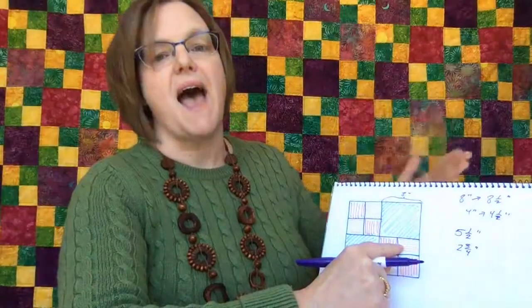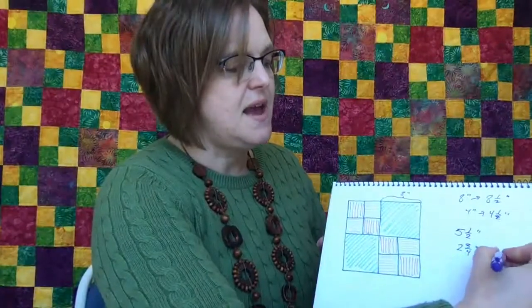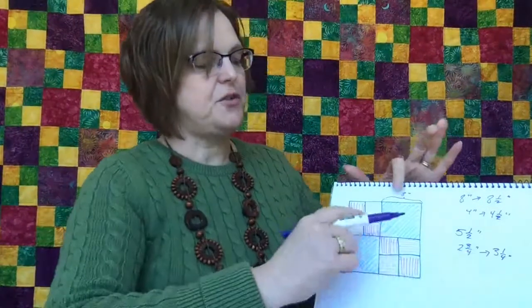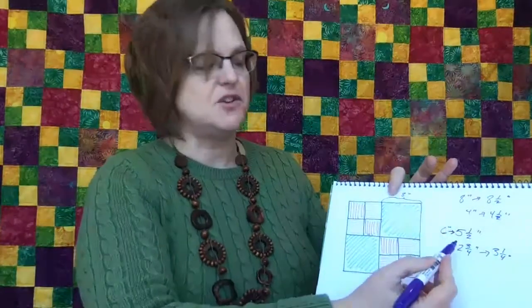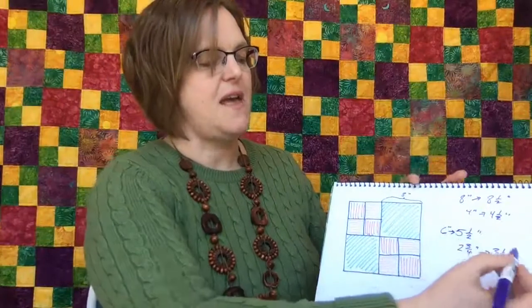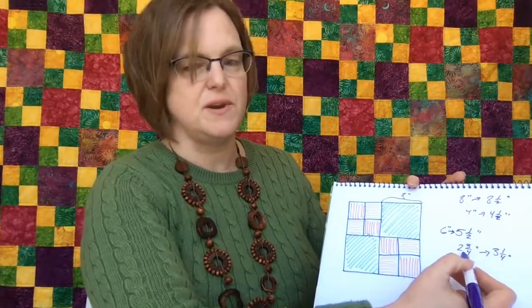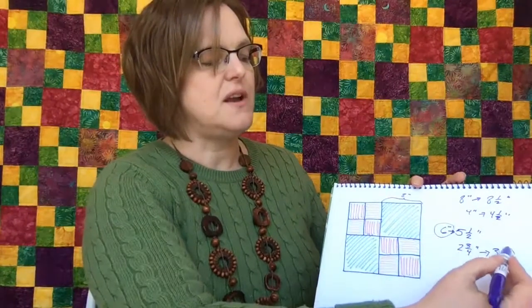So if you're cutting 6 inches, then your finished size will be 5.5 inches, and then we cut 3.25 to get 2.75. So if you're cutting 6-inch pieces, then you want to cut 3.25-inch pieces to go with it. Don't just divide the 6 by 2 and think you can cut 3-inch strips to go with the 6-inch strips.